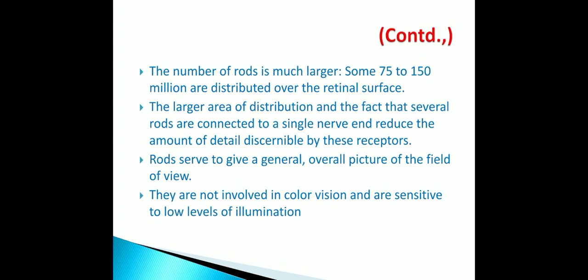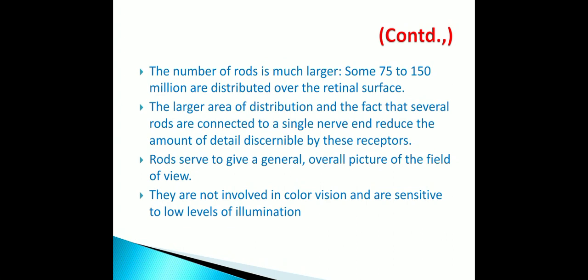The number of rods is much larger, 75 to 150 million distributed over the retinal surface. The larger area of distribution, and the fact that several rods are connected to a single nerve end, reduces the amount of detail discernible by the receptors. Rods serve to give a general overall picture of the field of view.